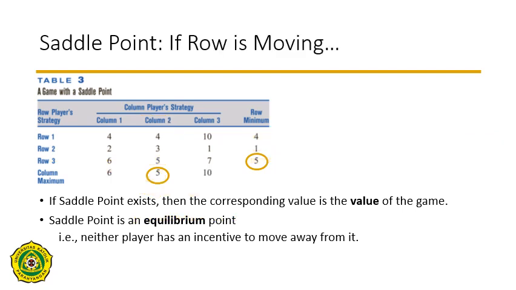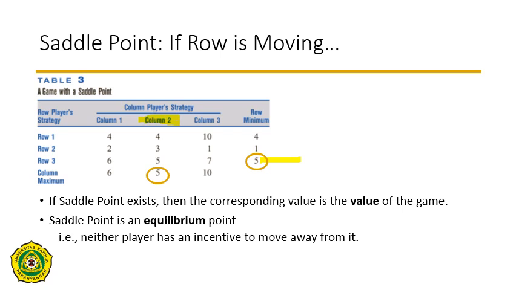So now let's see what happens if, let's say, the row player is moving away from the optimal strategy. We know that the optimal strategy is playing the third strategy, while our opponent sticks to the same strategy. So we know that the column player will stick to column 2.